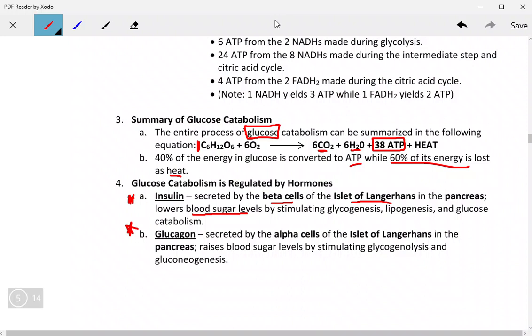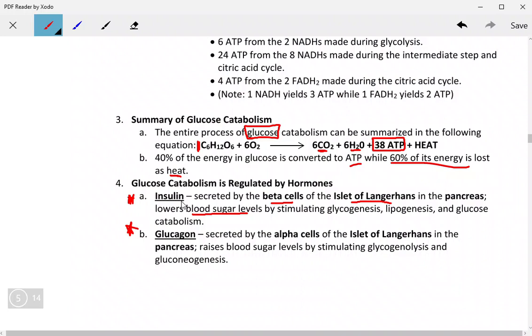It's okay. So insulin, let's go back. Insulin is produced or released by the pancreas when our blood sugar level is very high. So the goal of insulin is to help reduce your blood sugar level.